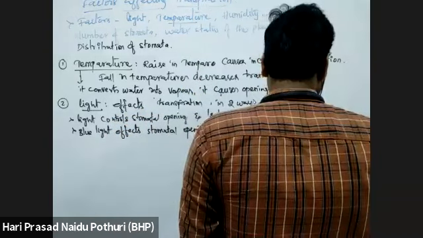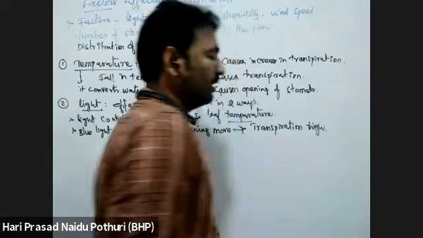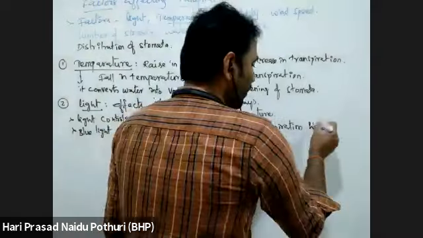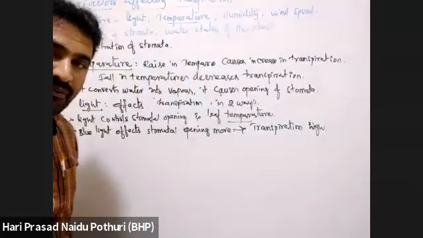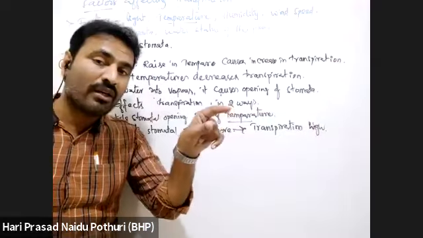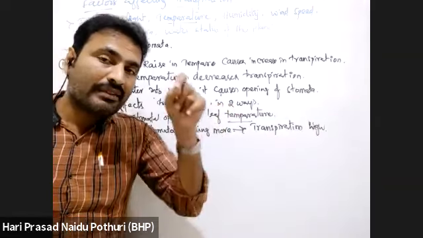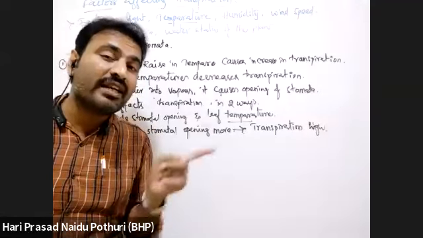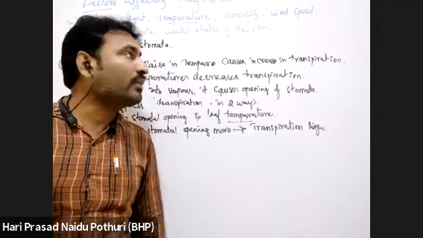A high rate of transpiration is seen in the presence of blue light. Why? Because blue light has one wavelength, and in that wavelength, blue light can increase the rate of permeability of K+ ion.